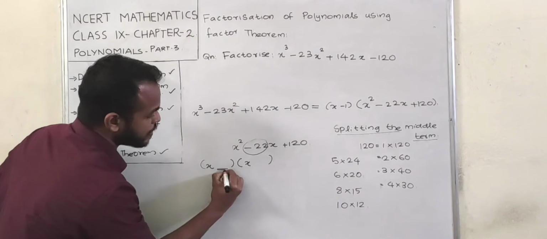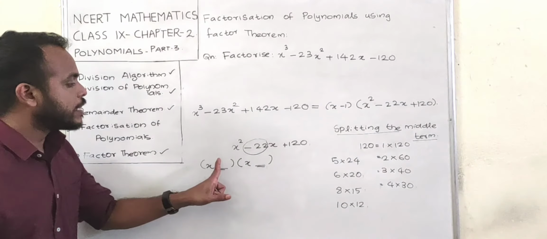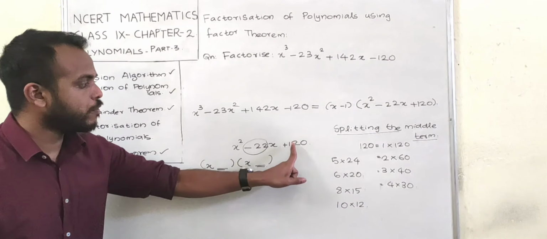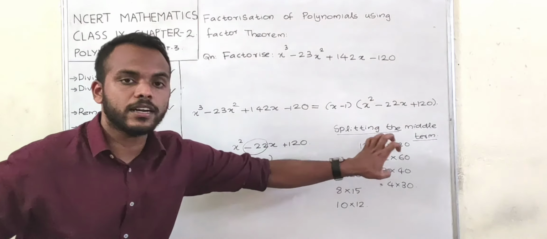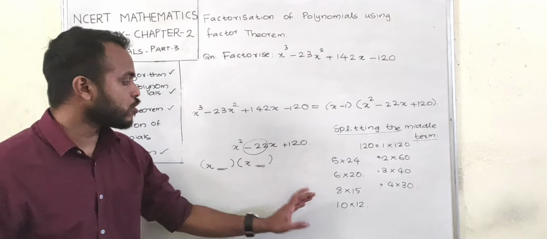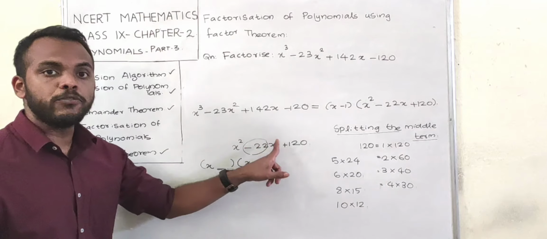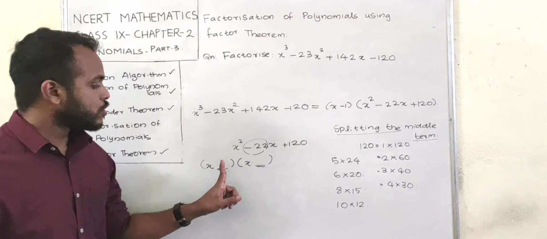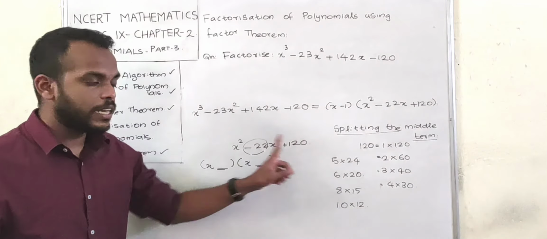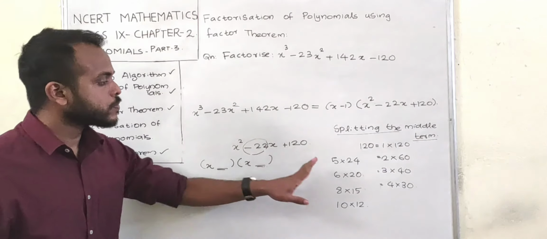So we need to find the missing number here. Now, the product of these two numbers will be 120. That's why I have written the factors like this. Also, their sum will be minus 22. So the product is 120, sum is minus 22.